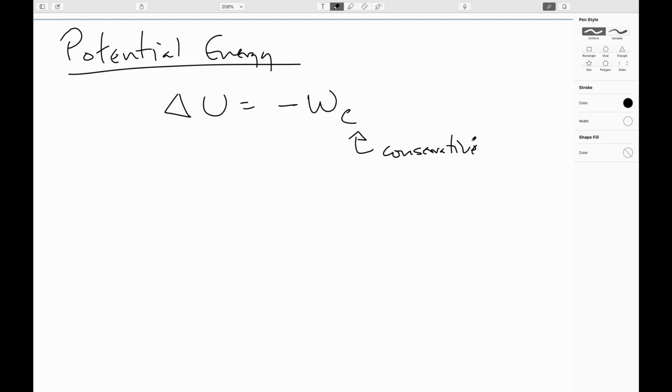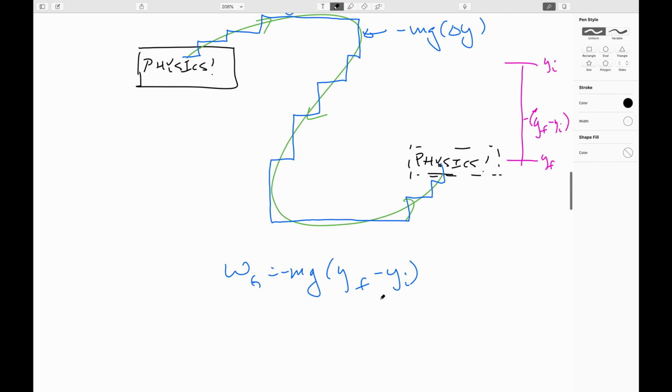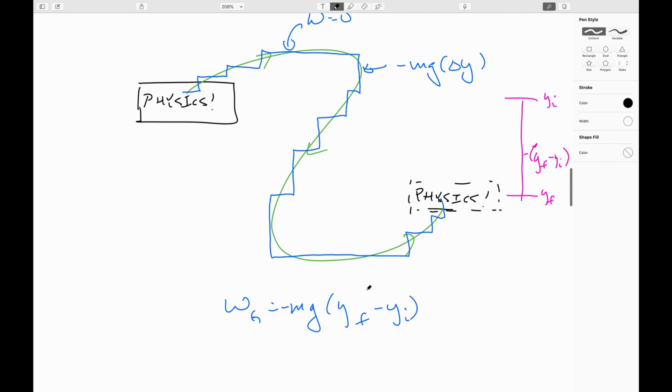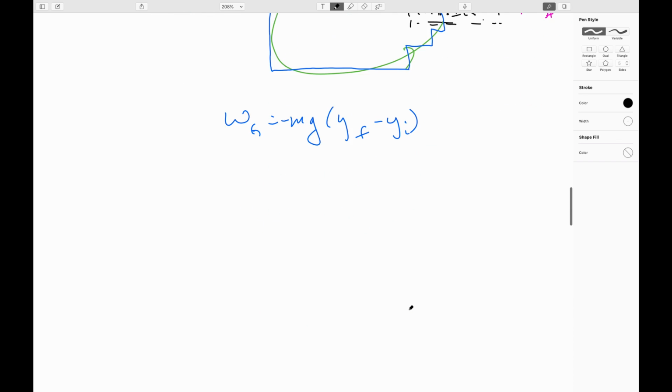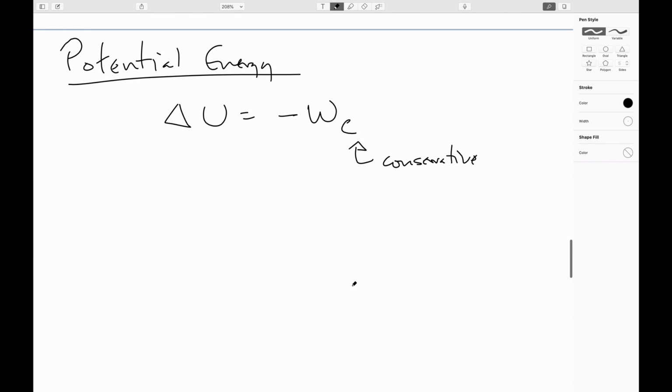We can only do this for conservative forces because, like you see here, all that mattered was what the initial and final y coordinate was. Now, in general, it could matter what all of the initial and final coordinates were, but all that matters is the initial and final coordinates, because you could take any conceivable path and get the same answer for a conservative force. All it can possibly depend on is the coordinates at the beginning and at the end.